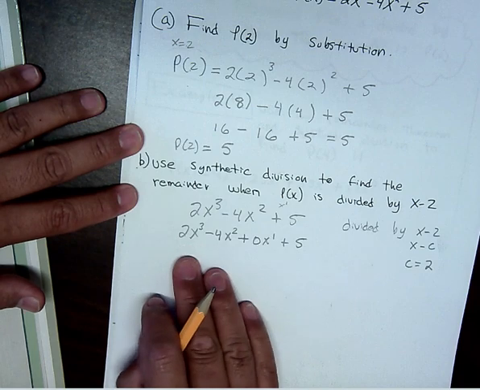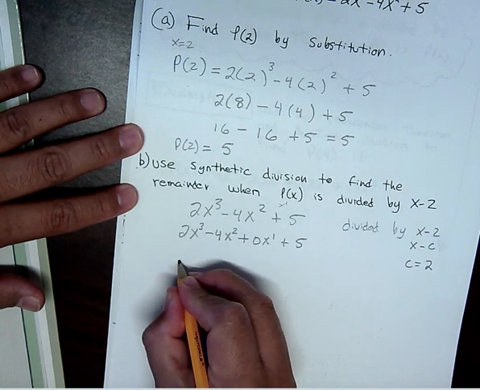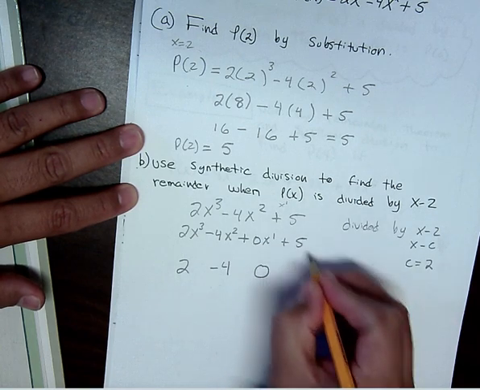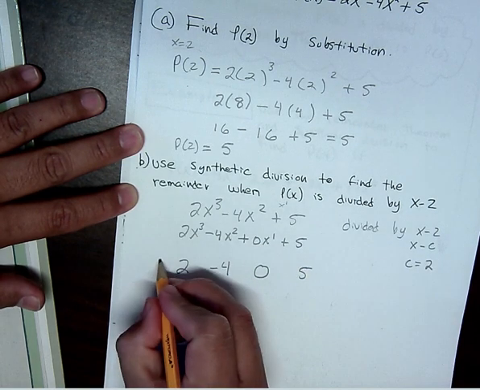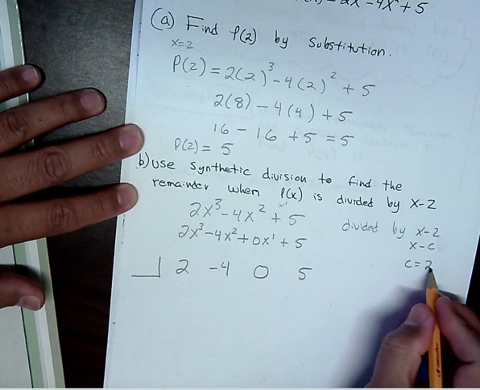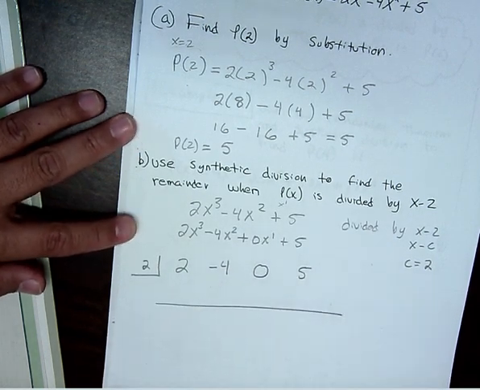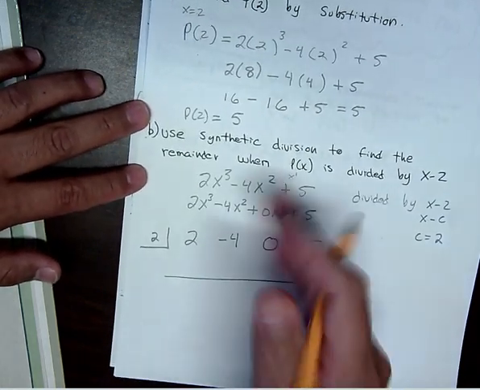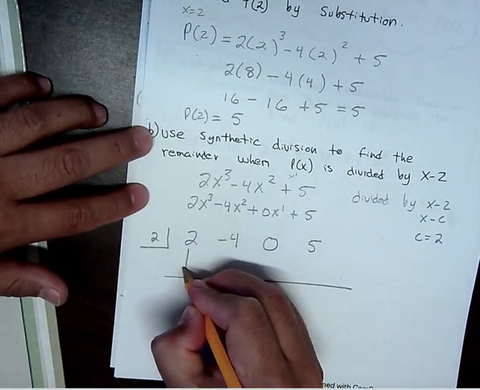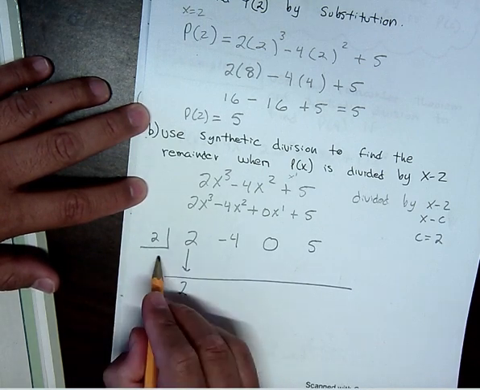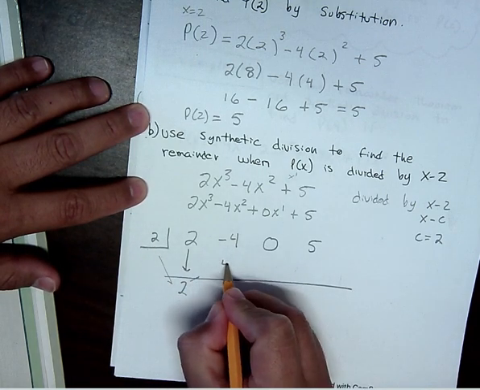Now find the coefficients of each term. 2, negative 4, include the 0 and the 5. Here, what we're dividing by 2. So this is synthetic division. We're ready. Bring down the first number and then start multiplying. 2 times 2 would be 4.